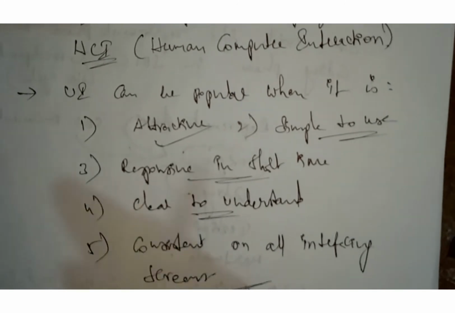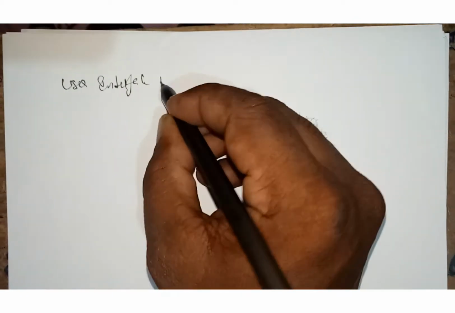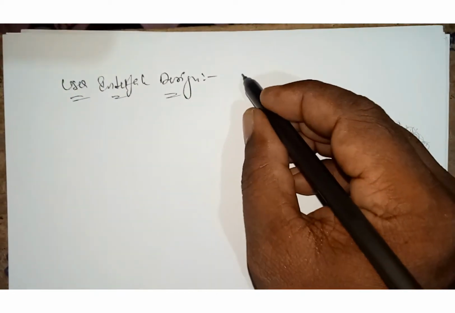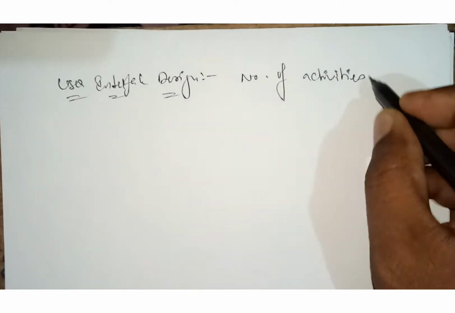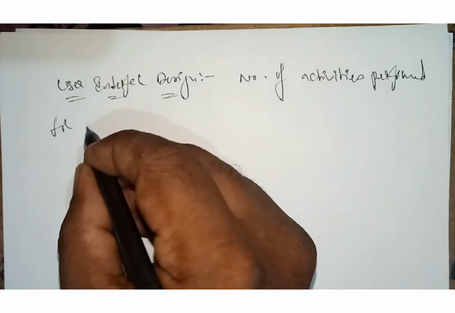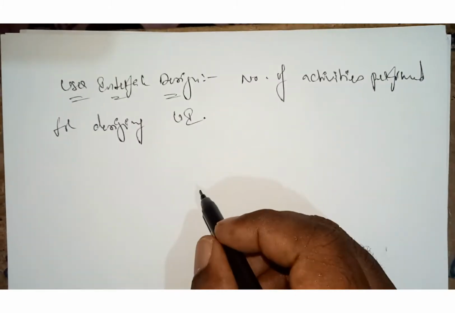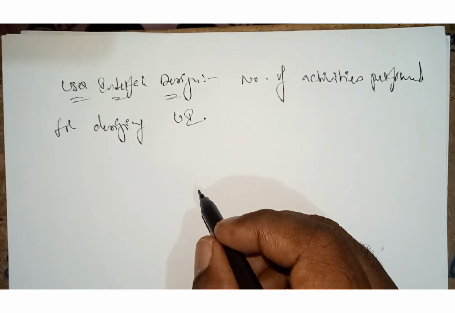Next we'll see what activities are performed for designing user interface. User interface design: here we'll see the number of activities performed for designing a user interface.